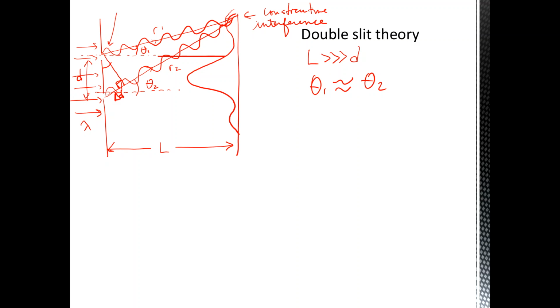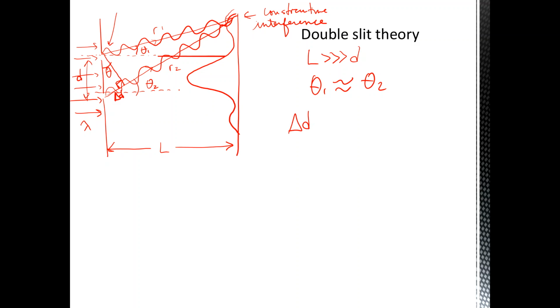So if this was theta, then this angle is also theta. Again, my drawing is not very good. All right. So we know that that's an angle theta. And we have a right angle triangle, which is fantastic, because right angle triangles are easy to do math with.